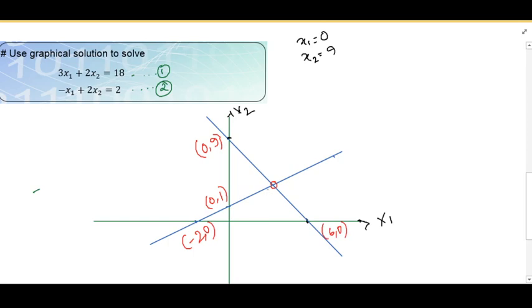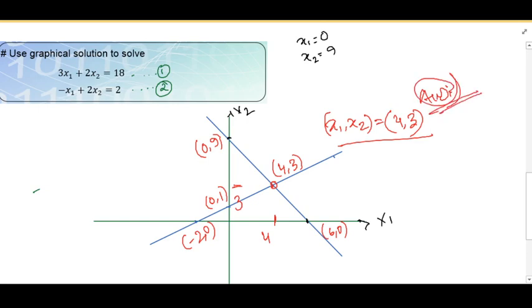From the intersecting point of these two straight lines, the graph will give you the value 4 comma 3. So this is 4 and this is 3. This gives x1 comma x2, only one set of solutions, that is 4 comma 3, and that is our answer for this particular problem.